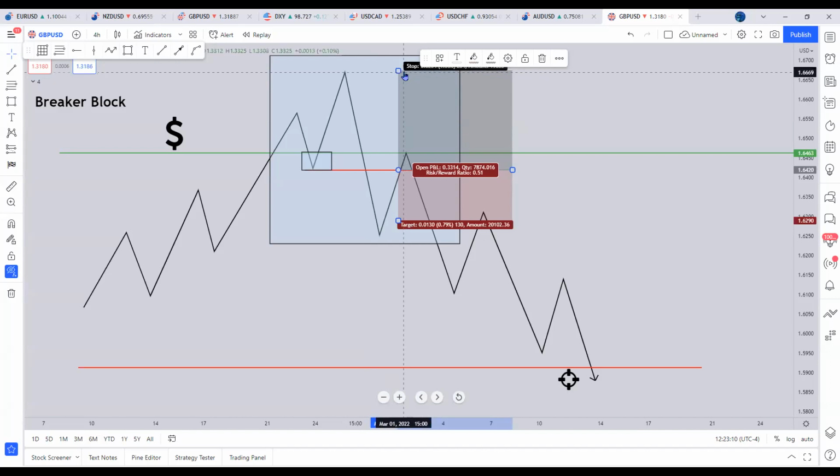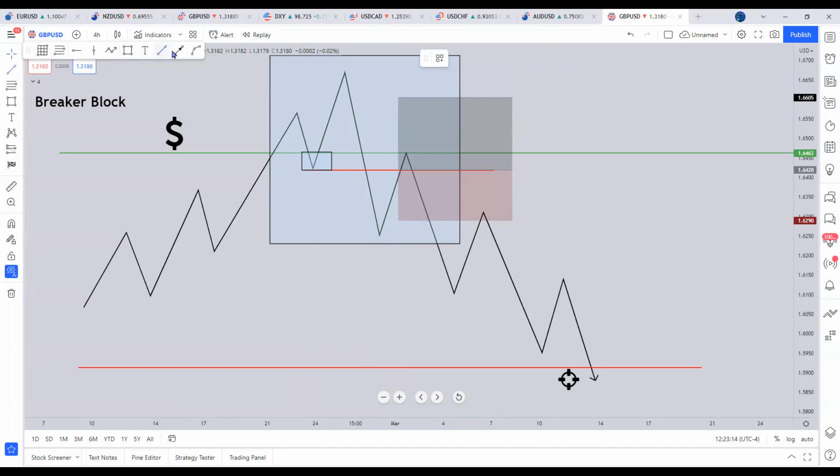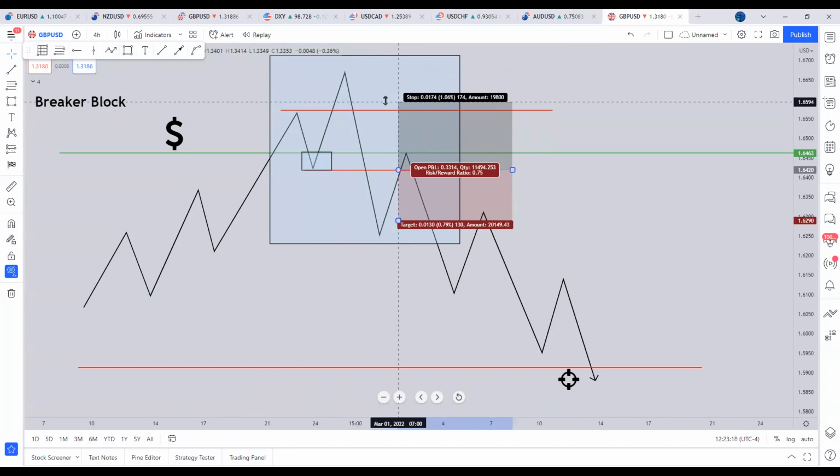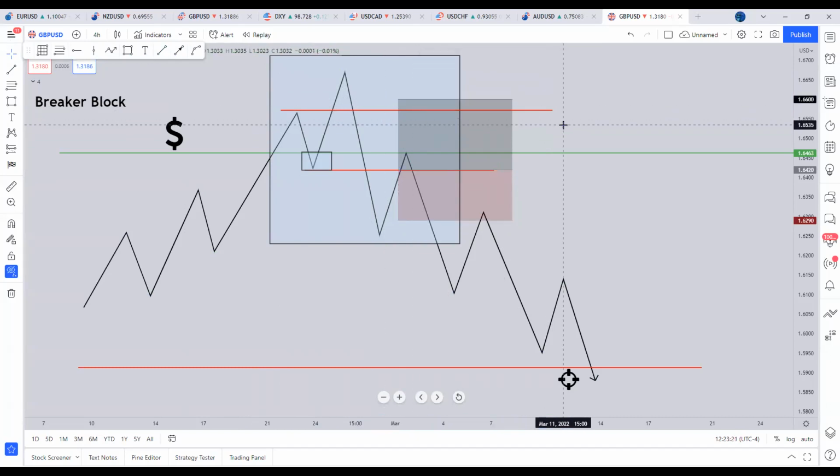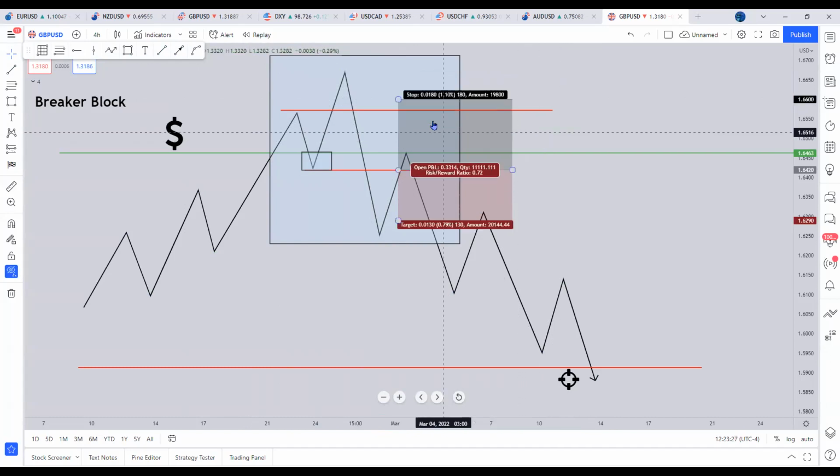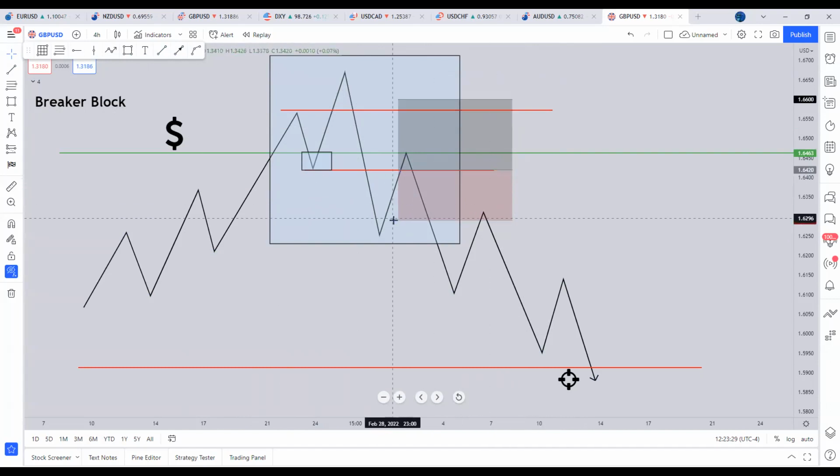You could also put it above this point right here and say, if price goes higher than this, I don't want to be in the trade. That's perfectly fine. I kind of leave it around this area, especially because it's such a small amount of pips. It doesn't make a huge, enormous, astounding difference, right? So I just leave it around that area.